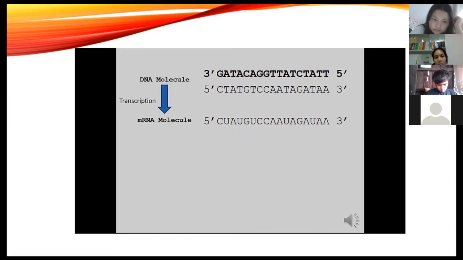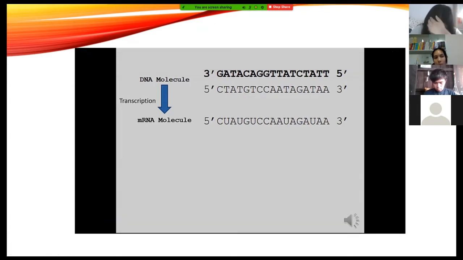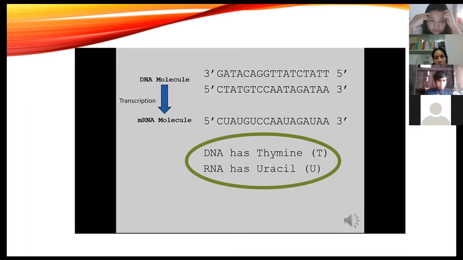A in our DNA will pair up across from U. T is across from A, and then the C's will be across from the G's in our mRNA. The really important part, or the biggest mistake I see in this transcription sequence that happens first, taking our DNA, creating an mRNA, is that people forget to use the uracil. So remember, DNA has thymine along with the adenine, guanosine, and cytosine.